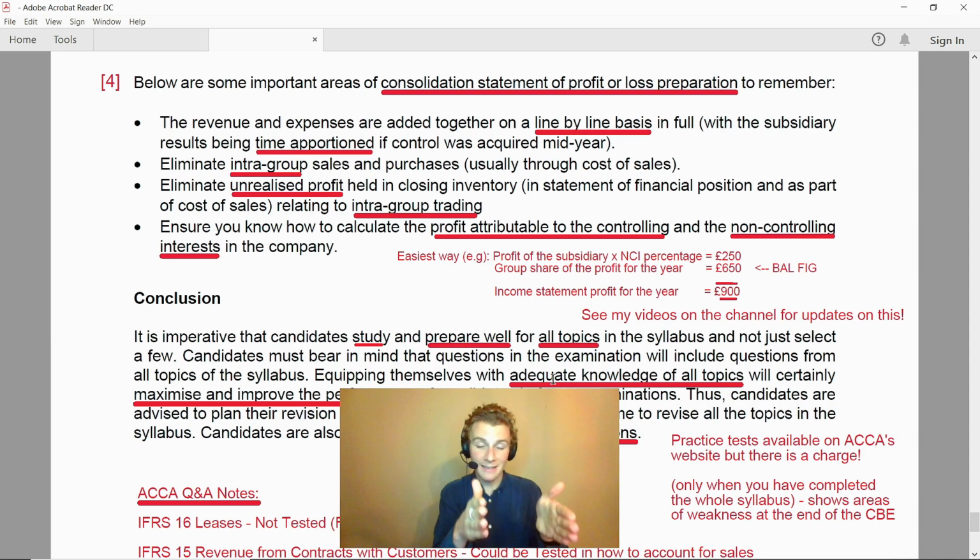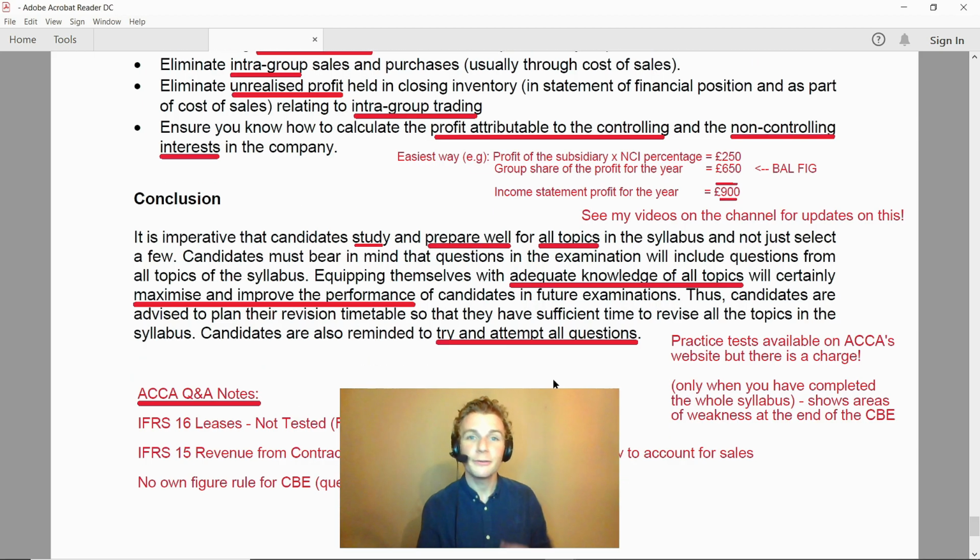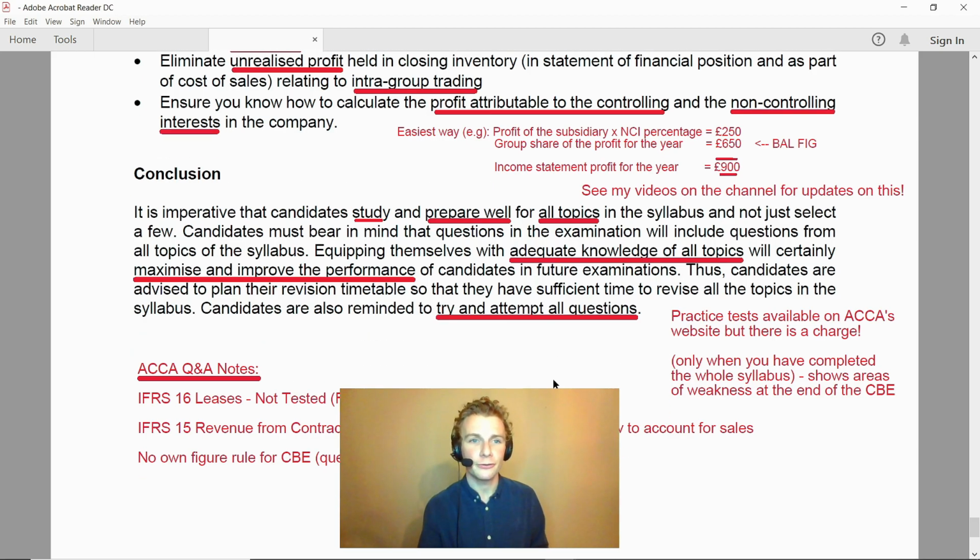But if it was mid-year, 6 months in, then we'd apportion that by 6/12 because we've only owned it for half the year. The key thing on here is anything that happens between the parent and the subsidiary, and these are called intragroup transactions, whether that's sales, purchases, and you've got it on here for unrealized profit. In other words, the subsidiary selling to the parent or the parent selling to the subsidiary, and these need to be eliminated upon consolidation.